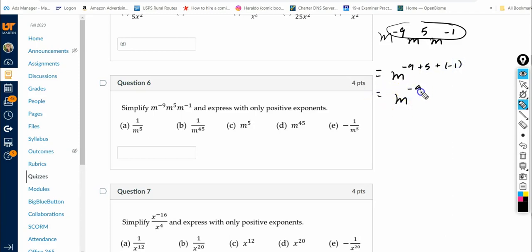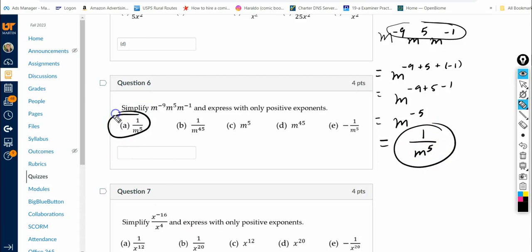So it's going to be n minus 9 plus 5 minus 1, which will be negative 10 plus 5, which will be that. So when you add those up together, you get negative 5. And if I want to write that without the negative sign, the process is you do 1 over. And so that's going to be our answer. And so I'm going to type in A for that one.